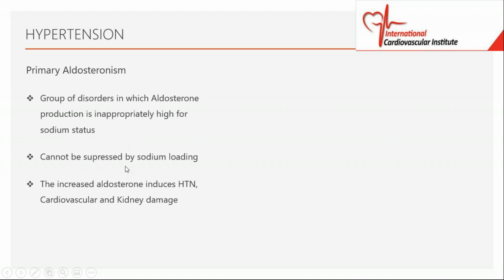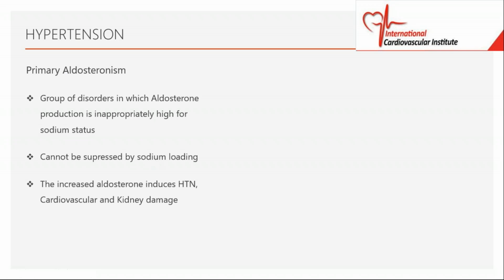The thing about these patients with primary aldosteronism is that you cannot suppress the aldosterone production by giving them a high sodium load. In a normal individual, you can suppress the aldosterone production from the adrenals by giving them a lot of sodium. We talk about sodium loading.